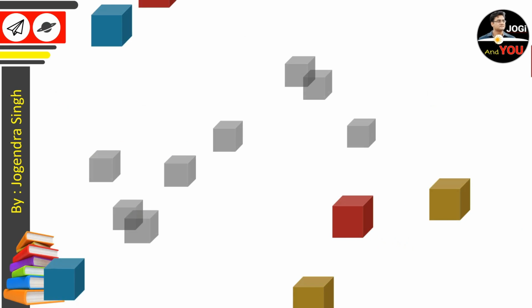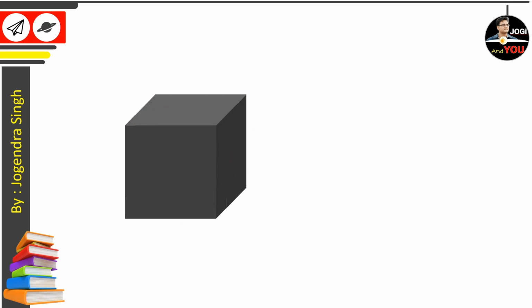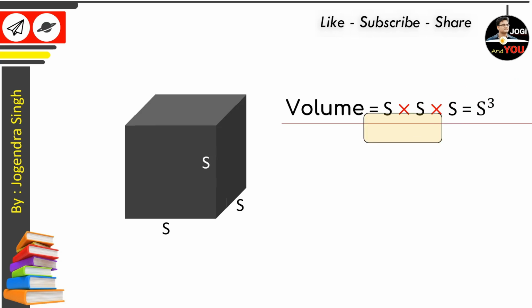First, let us take a cube. The length, breadth and the height of this cube is S. Basically, S is the side of this cube and you know that the volume formula is length times breadth times height, which is S times S times S. That means S cubed.